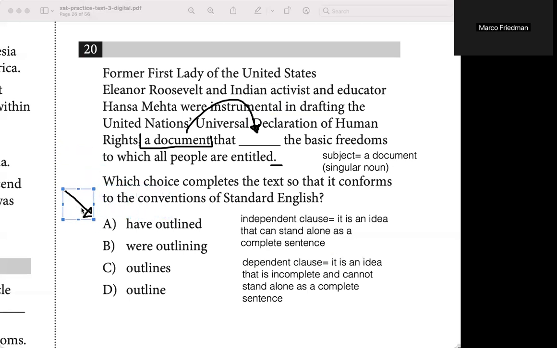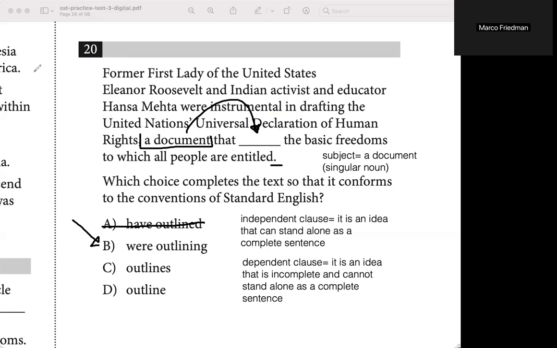Have outlined. Okay, have outlined is conjugated for present perfect sentences. Our helping verb have is plural, meaning it will only work with plural nouns or plural pronouns. Since document is singular, we're going to cross that out immediately. We're going to go on to the next one. Were outlining.